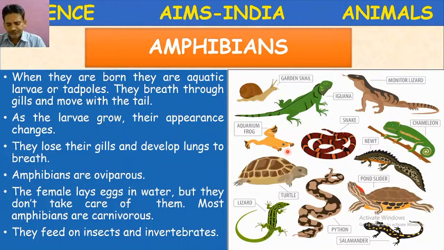And digits without nails and webbed feet are present in the amphibians to swim in the water. They possess webbed feet. Next, they are oviparous and lay the eggs. These are some of the basic characteristic features of amphibians.